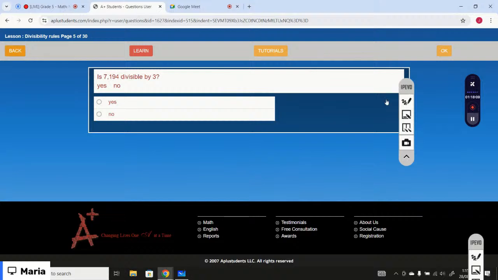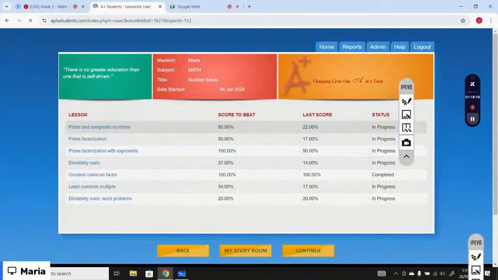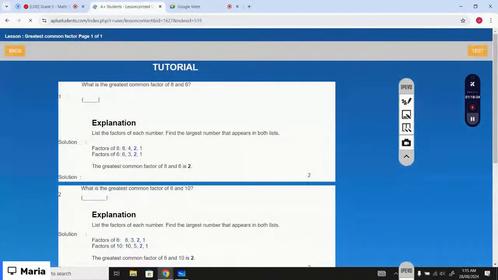Let me just move on to the next lesson, right? If you still need help with the lesson, you can contact any tutor. They are available through the live chat button. Let's just start with the next lesson. The next lesson is greatest common factor.